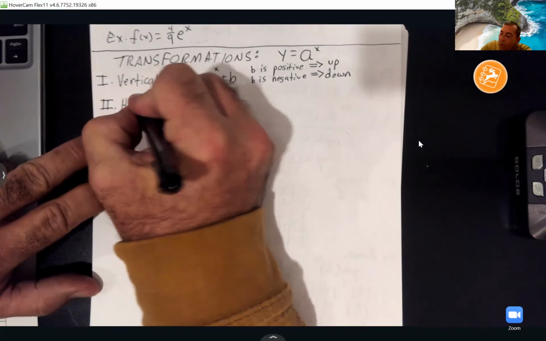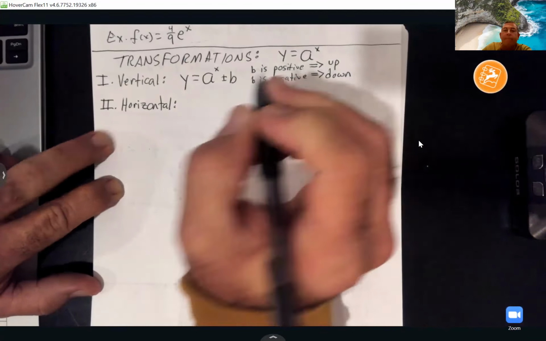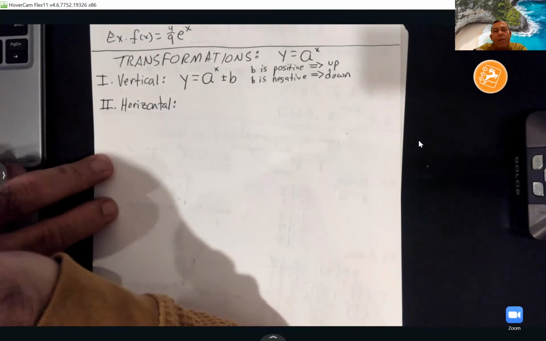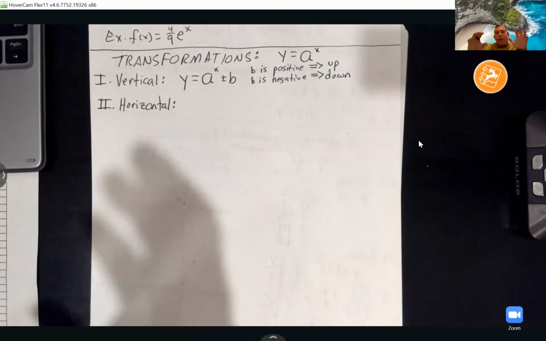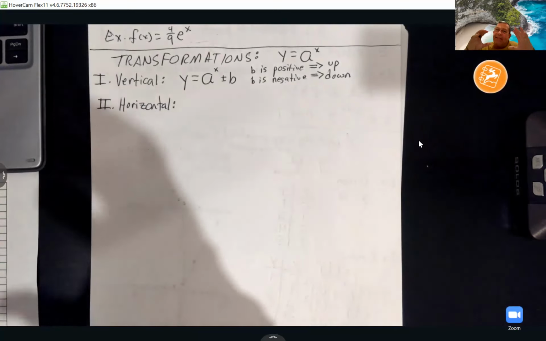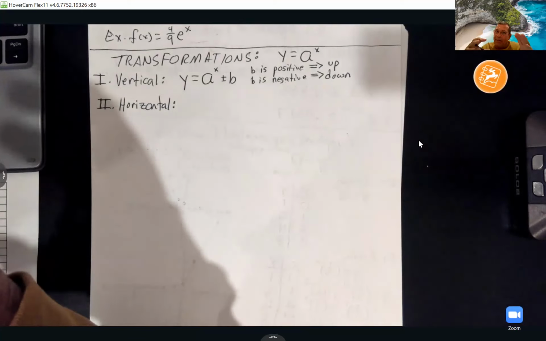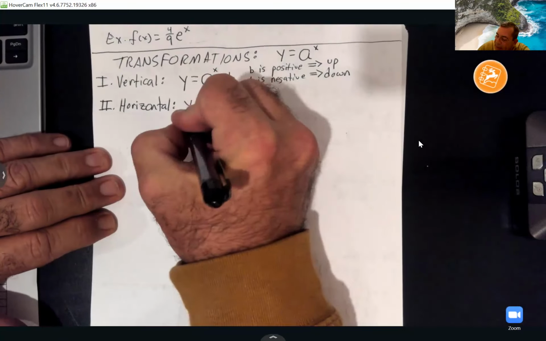Next, we had the horizontal. So if y'all remember back in 7.2, when I moved my graphs left to right, I was attacking those x's inside the parentheses, right? Well, we're still going to attack the x.